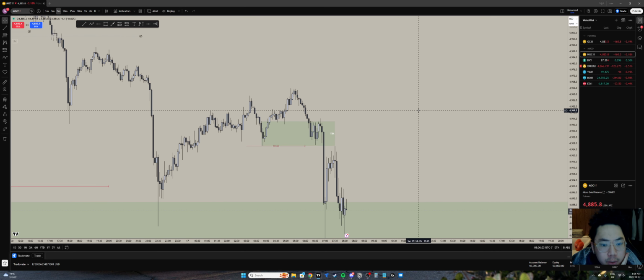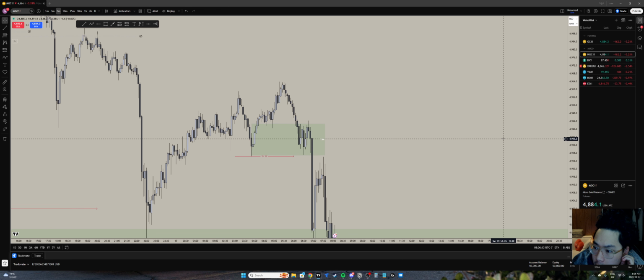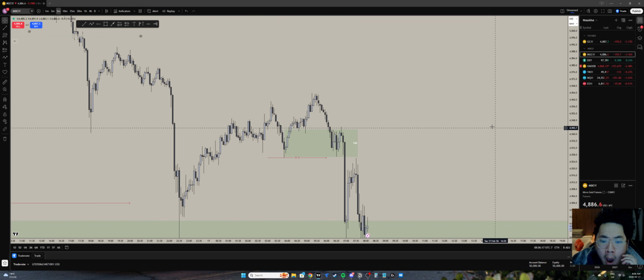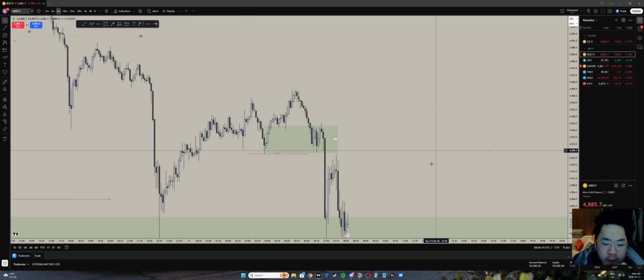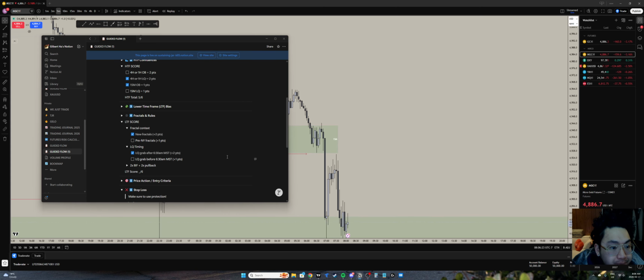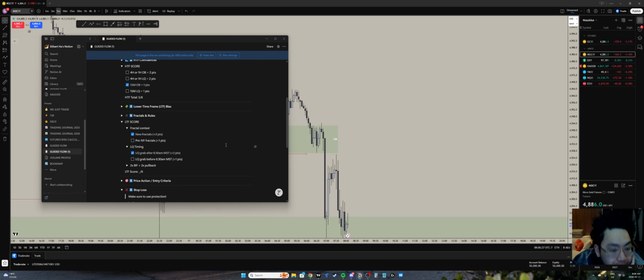Now, according to my grading system, if I had taken a trade like this, as you can see, the 1 hour liquidity was not actually grabbed yet. So it ended up being a C tier trade because we only have a 15-minute order block, meaning we have 1 point on the higher time frame.